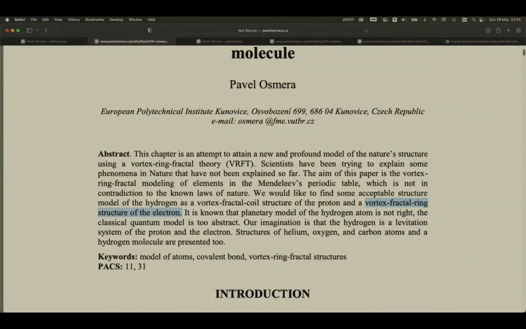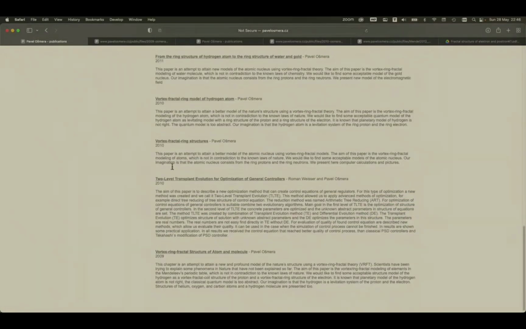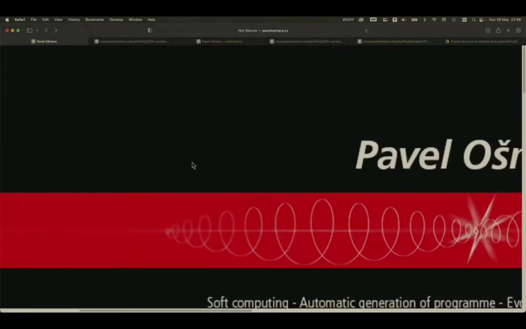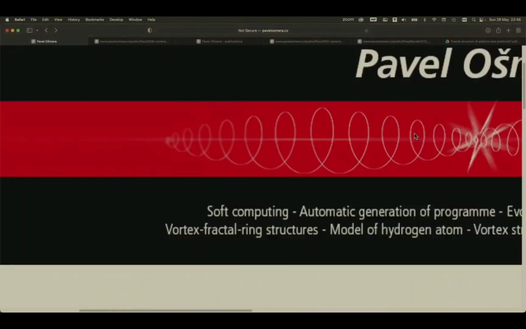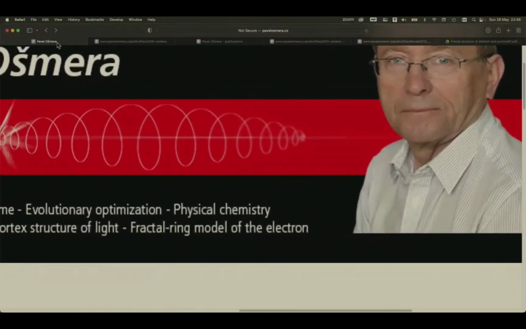All right. So I think there is a way to rationalize the thinking of Andras et al. and Giorgio Vassallo with the vortex fractal ring structure of the electron. And in fact, something similar is done by Pavel Osmera on his website. Maybe I can show you.